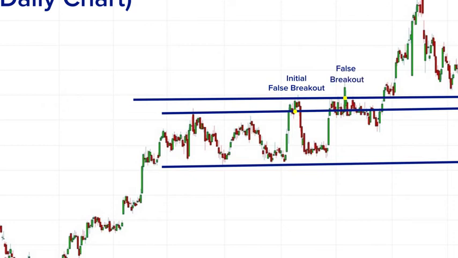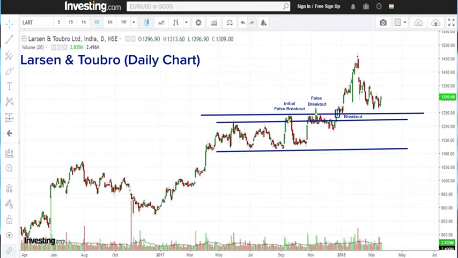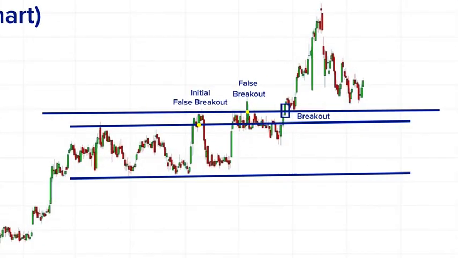Then again there was a breakout in the month of November, and that breakout was a little bit not fruitful, but it actually retraced for some bit of time. Then the actual breakout happened in the beginning of January, and you can see after that the stock actually moved a lot higher. So in a rectangle there are this kind of false breakouts also.